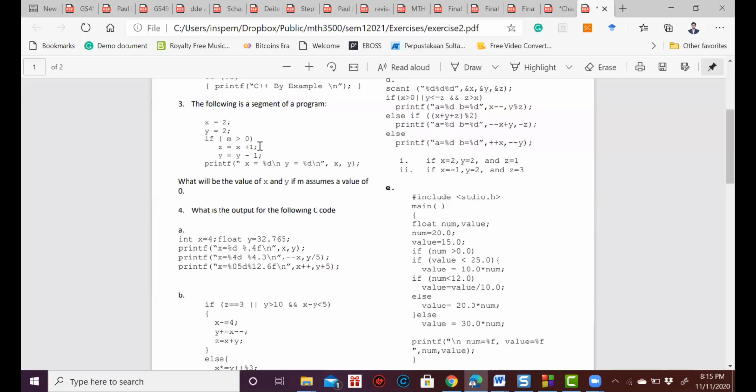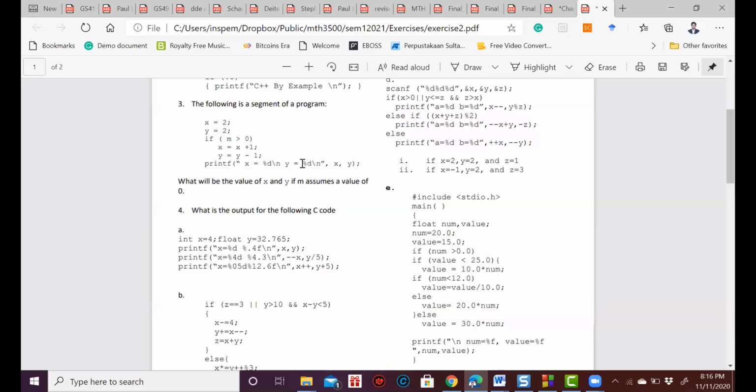Since it is false, we skip to Y equal to Y minus 1. What is Y minus 1? Y is 2, and 2 minus 1 is 1. So the new value for Y is 1. Then after that, print X equal to 2, then Y equal to, just now, 1.